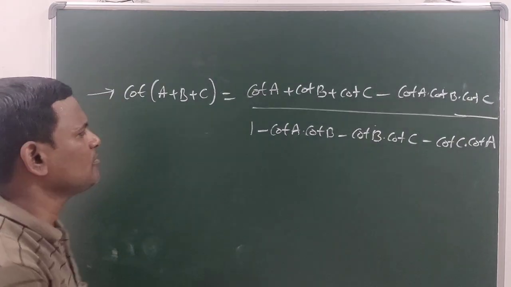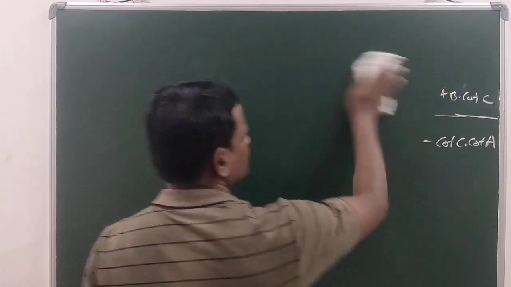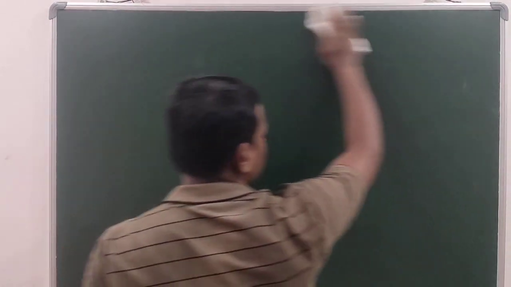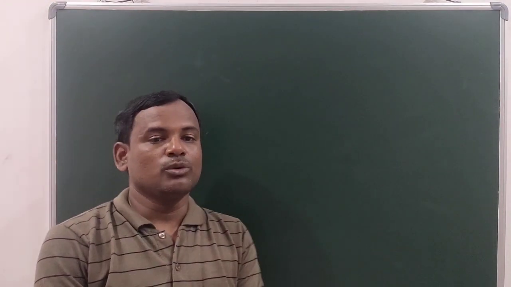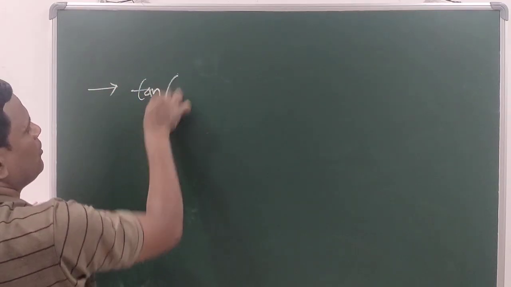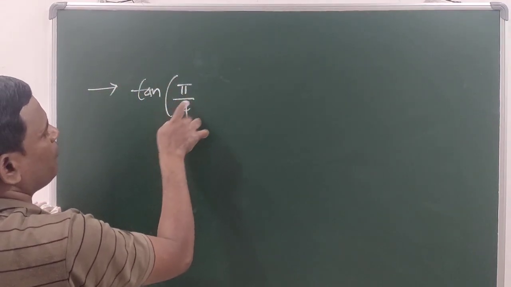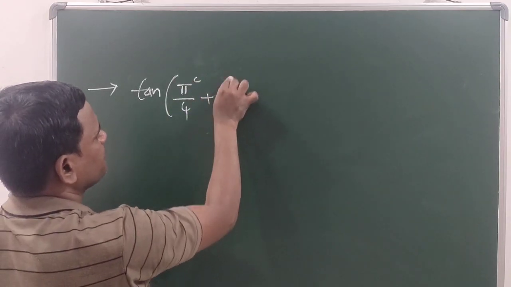Okay, alright students, let us go to tan(45 + A), that is tan(pi/4 + A).